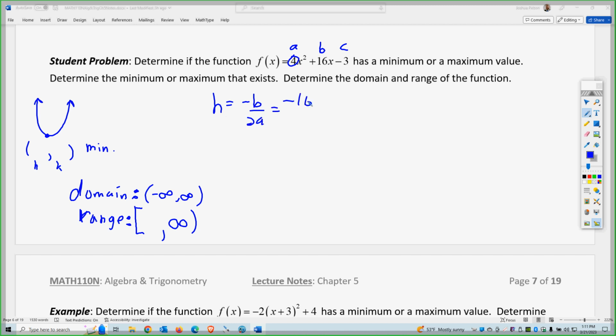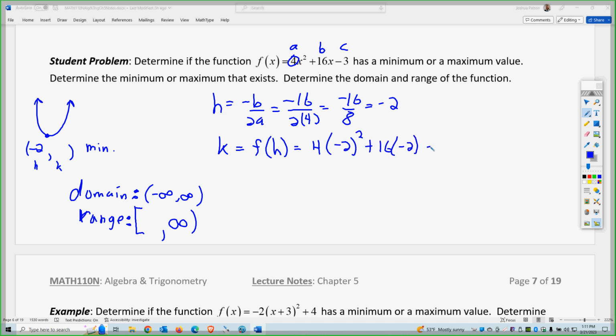So you have negative 16 over 2 times 4. So negative 16 over 8. So negative 2. Right, so this is at negative 2 is the location, and k is the actual min. So that's f of h. So I get 4 times negative 2 squared plus 16 times negative 2 minus 3.